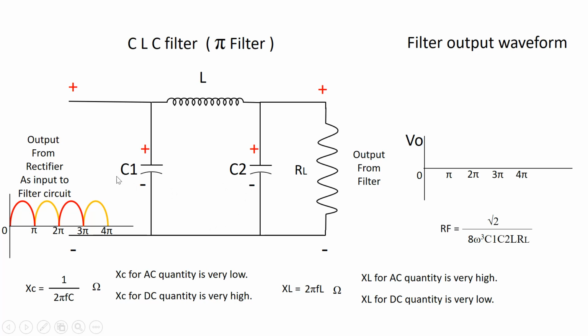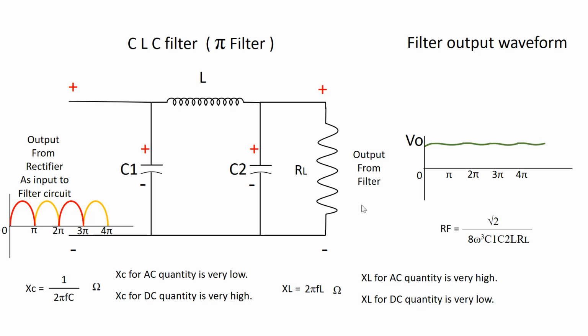Neither C1 nor C2 will allow any DC quantities to pass through them, and the pure DC with a little bit of unfiltered AC quantities will be reaching the load resistance, and they produce the voltage V0 across this load resistance RL, as we can see in the wave diagram.